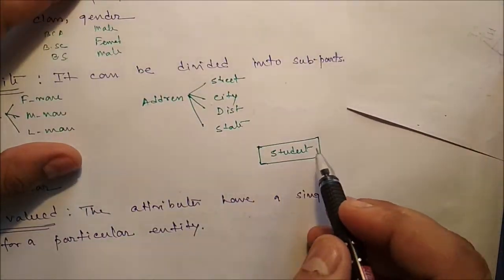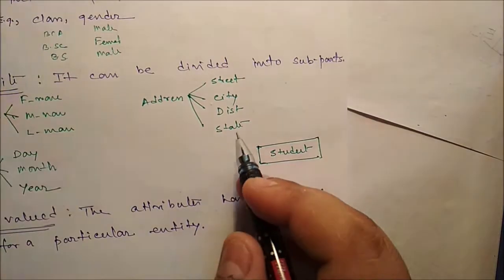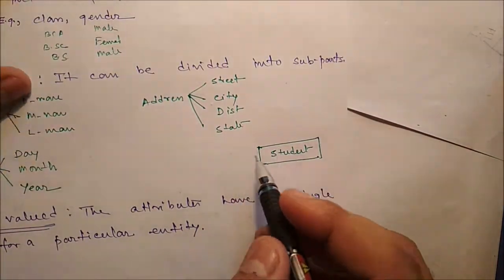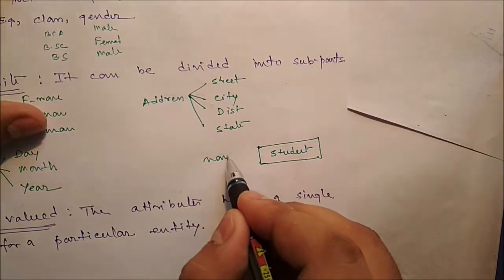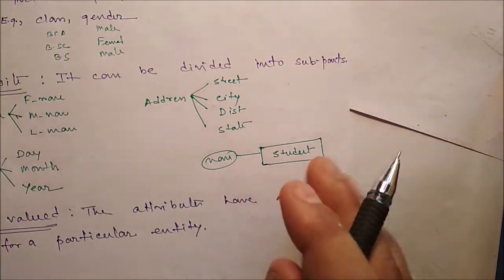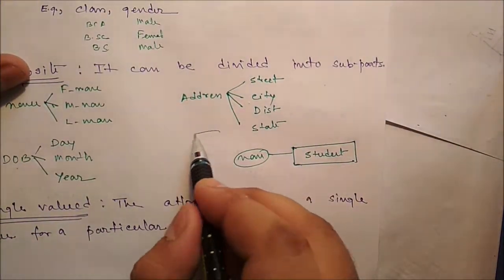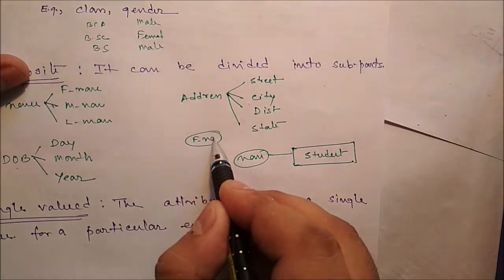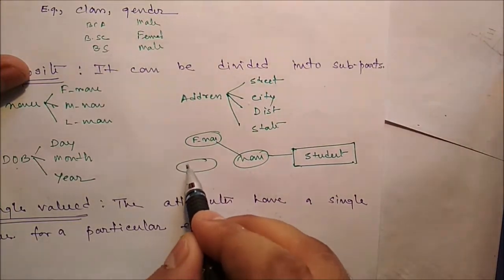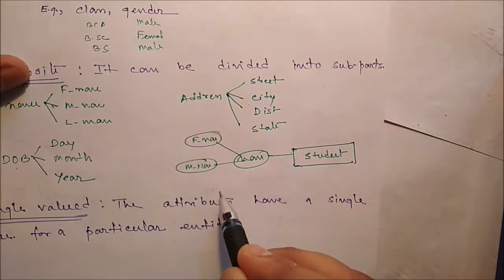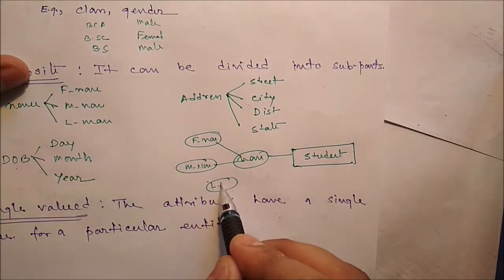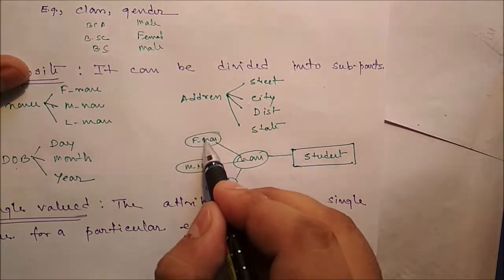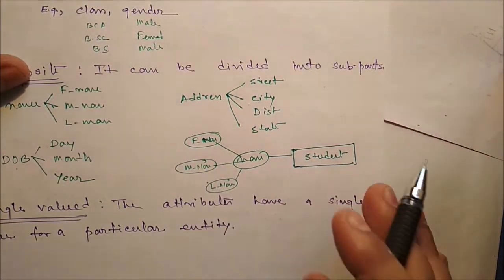Now let us take an entity set, say student. The attribute name we can write as name, but name is a composite attribute. So we can add it this way: first name, middle name, last name.